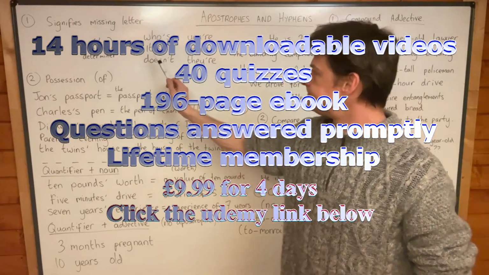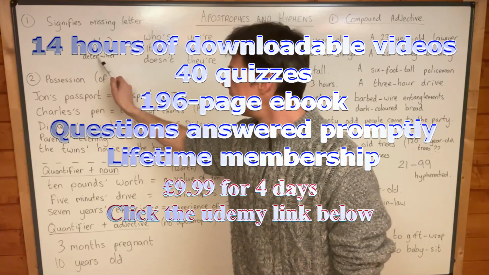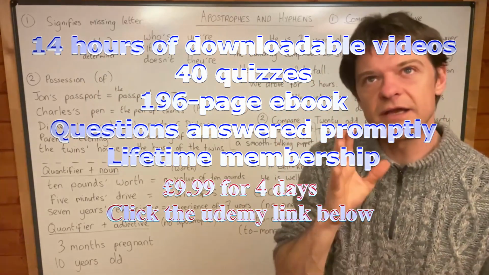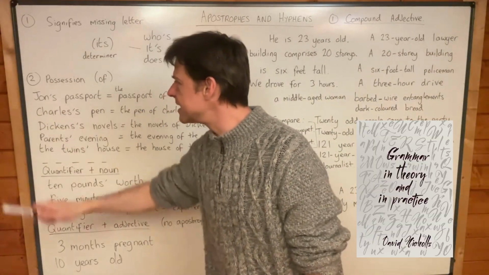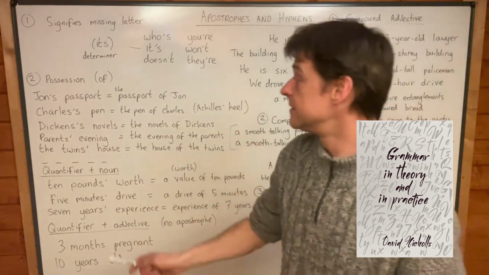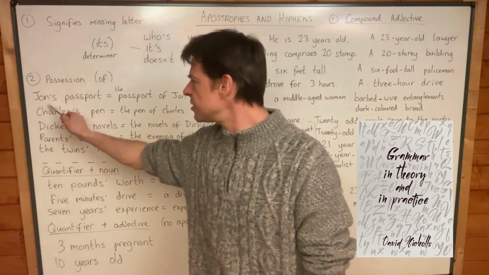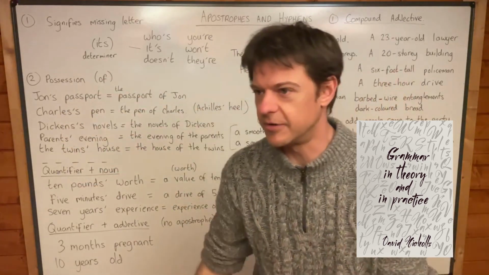And I want to make it very clear that the possessive determiner, its, does not have an apostrophe. And that might strike you as odd because, you know, when you put an apostrophe S on a name, it's a determiner, yeah, because it's identifying the passport, identifying the pen, and it shows possession. And so you might think possessive determiners definitely need an apostrophe.